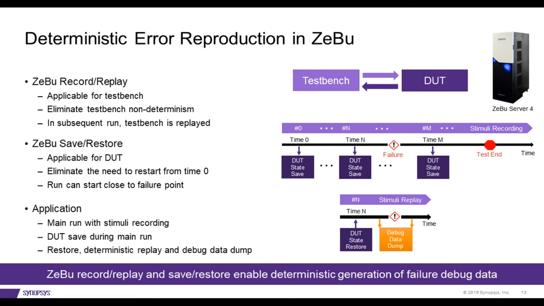By doing this, we can deterministically reproduce the timing as it happened in the main run, and that helps us reproduce the problem consistently. And once you have seen the problem, you can focus your debug around the failure point and find the root cause.